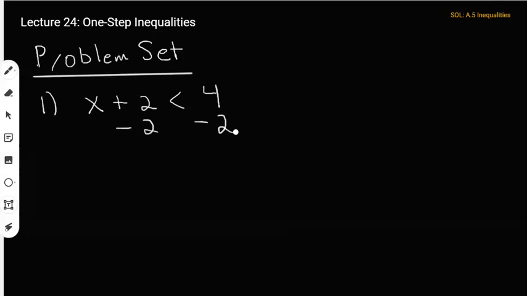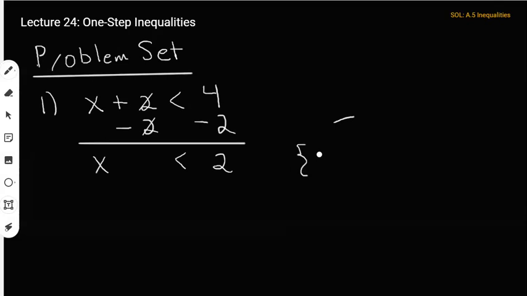So I'm always doing the opposite of what I see. So now the 2's cancel out, and I'm just left with an X, a less than symbol, and then on the right side, I have 4 minus 2, which is going to give me 2. So now I know that X has to be less than 2.